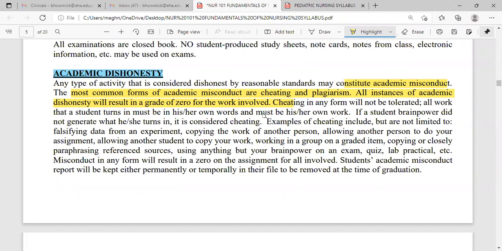Any instance of academic dishonesty will result in a grade of 0 for the work involved. Here are some examples of cheating, but they are not limited to these.